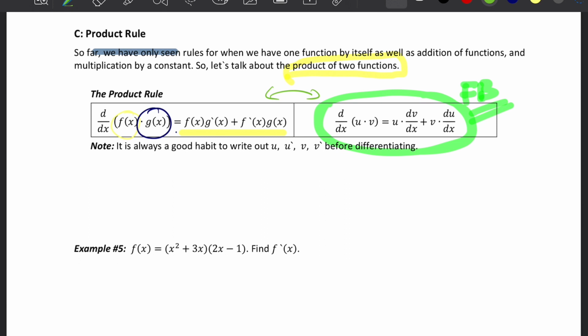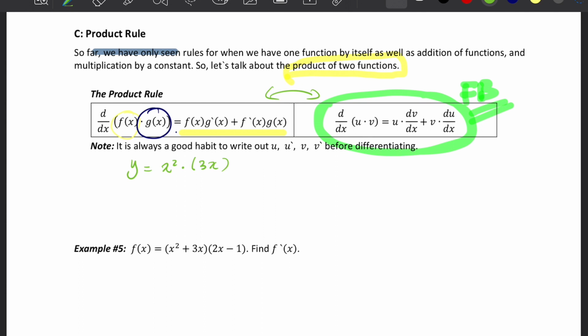So for example, if we have a function y, and there are two functions multiplied, like x squared multiplied by 3x. I know this doesn't really make sense, however, we're going to present this function in this way first, just to practice the formula.